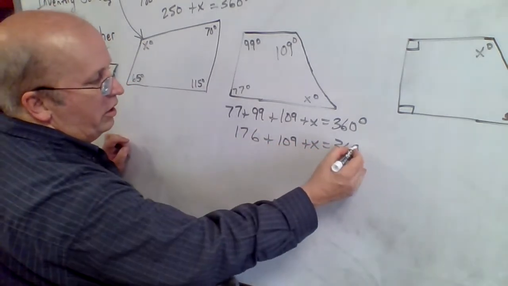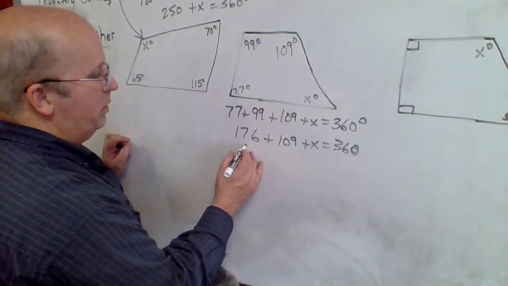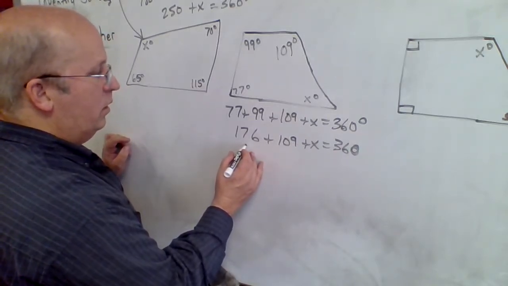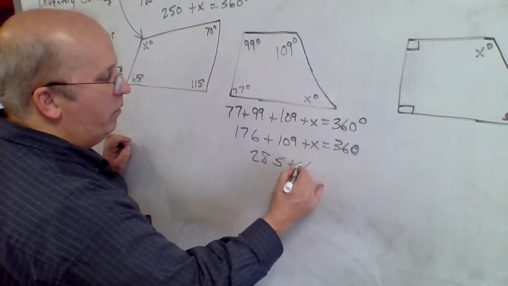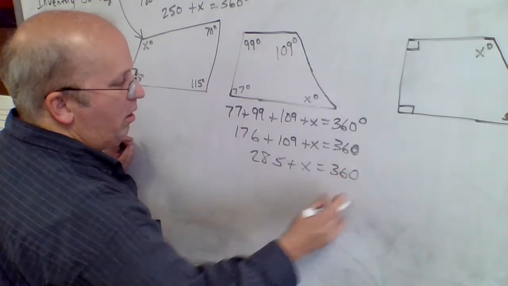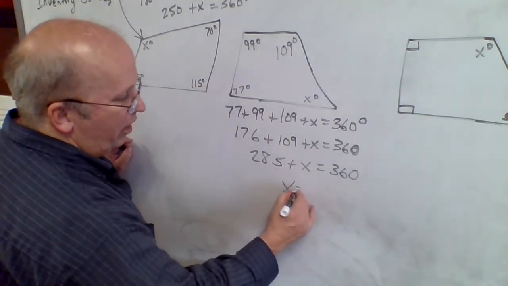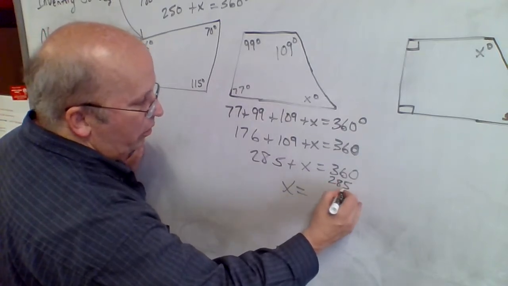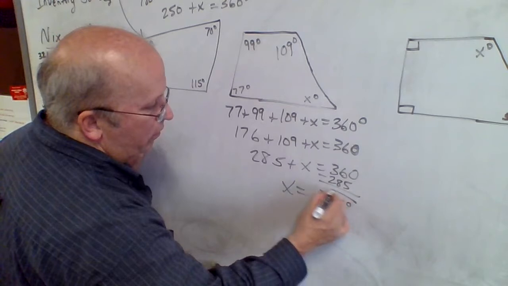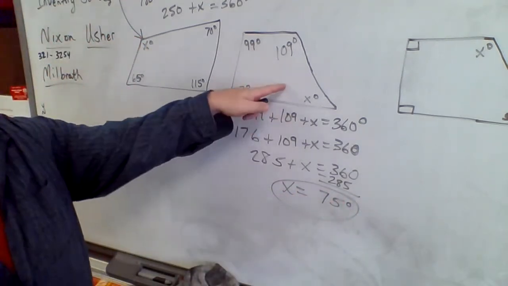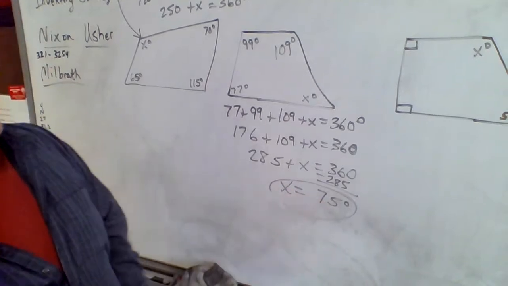These two added together, what's that going to be? 285, it looks like. 5, carry a 1, yep, 285. To find x, we're going to have to subtract 285 from both sides of the equation. I get 75 degrees. Our x value in this case needs to be 75 degrees.